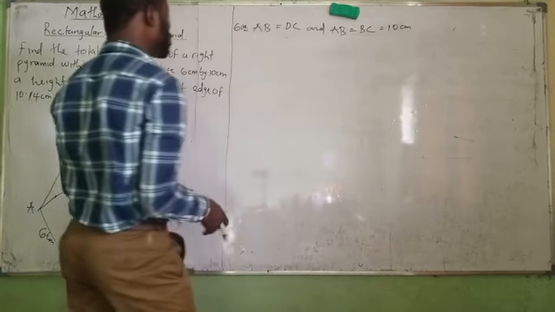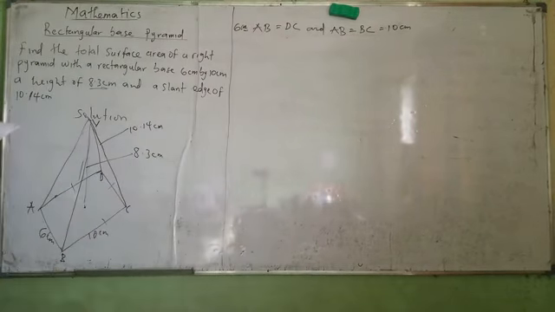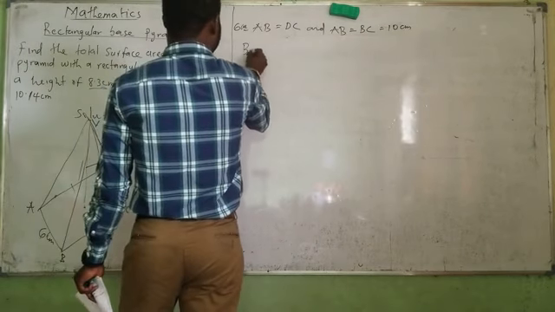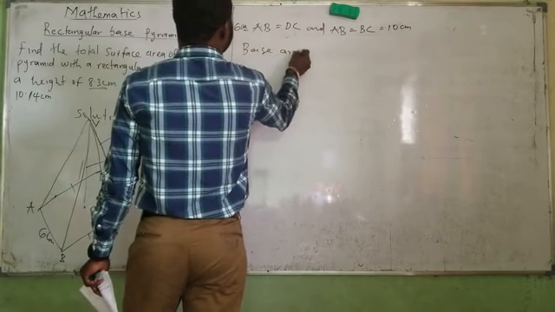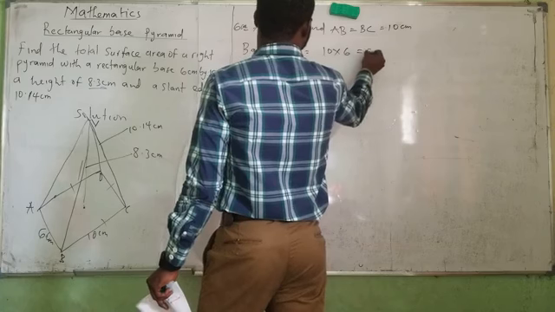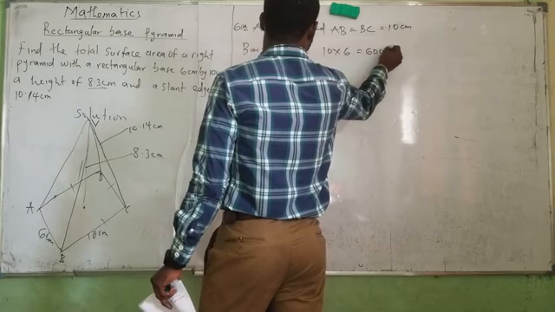Now, since I know that, I can continue. The base area will be equal to 10 multiplied by 6, which is equal to 60 centimeter squared.